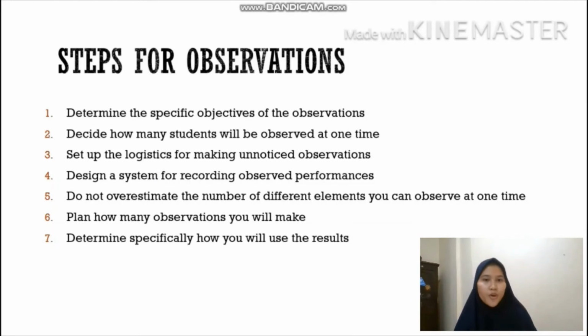And steps for observation: tentu saja untuk mengamati siswa butuh langkah-langkah yang bisa kita lihat pada halaman 268. Itu adalah langkah-langkah untuk carrying out classroom observations. So it is important for teachers to determine the specific objectives of the observations.